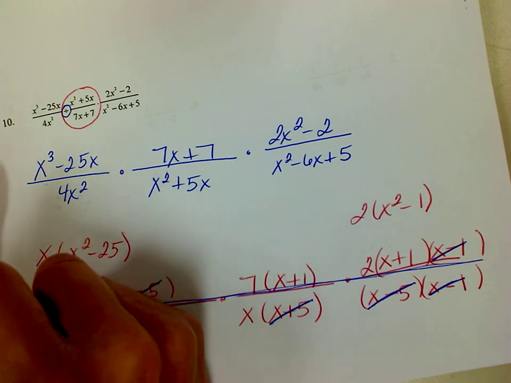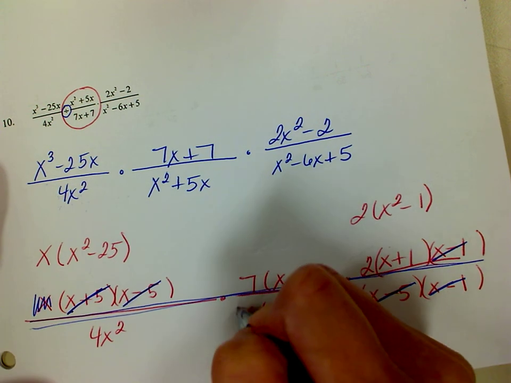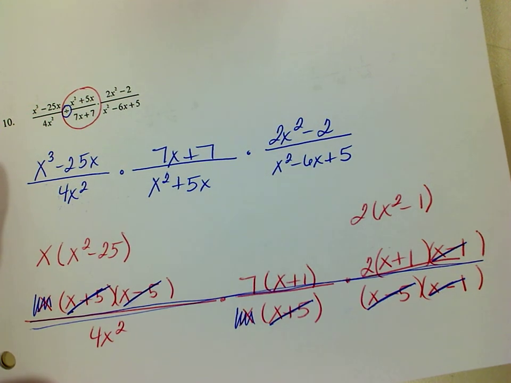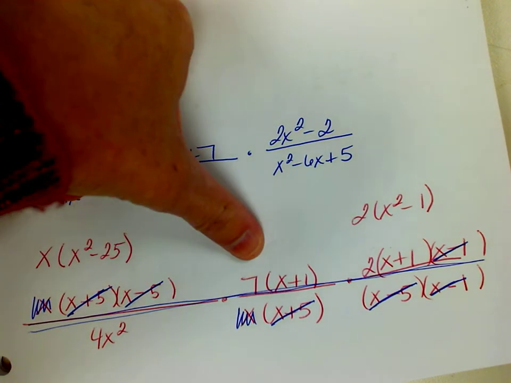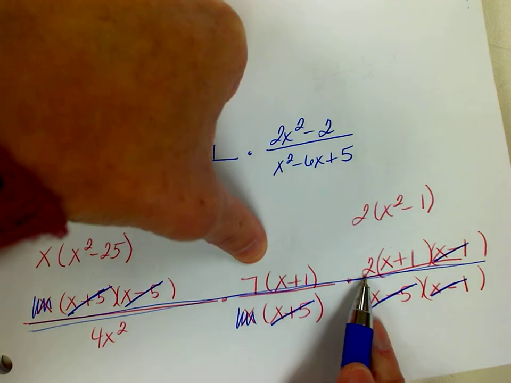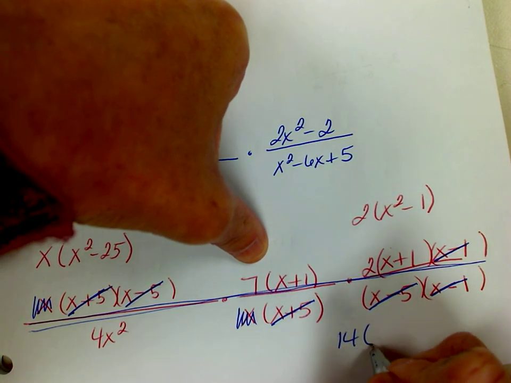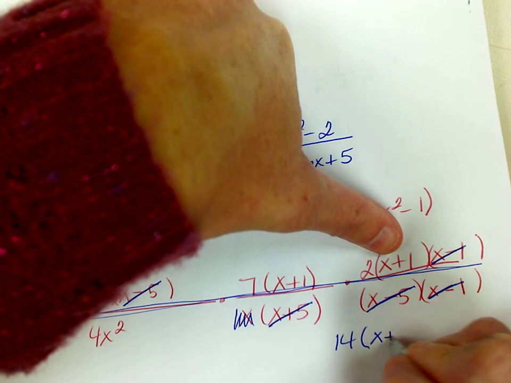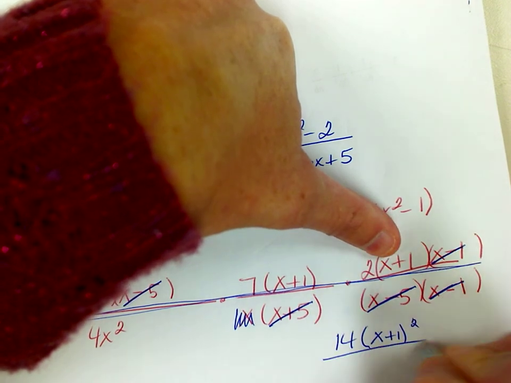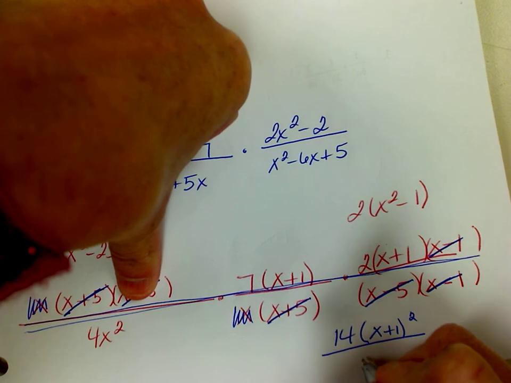Oh, this x can cancel out with this one. And that might be it. I don't know, let's see what we got here. So this is all gone. I have a 7 times a 2, that's 14. I have 2 of those x plus 1, so x plus 1 squared. And then I have a 4x squared on the bottom.